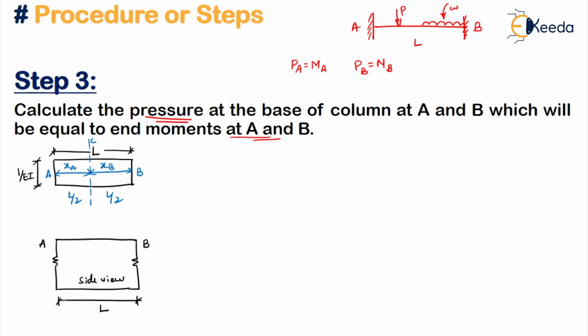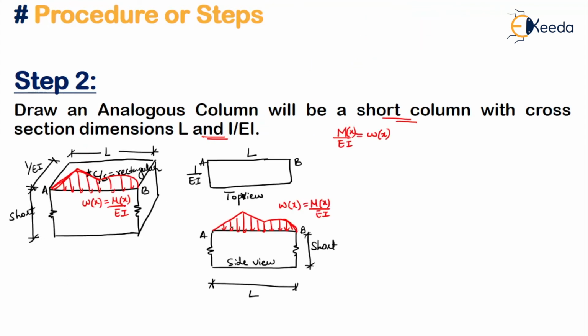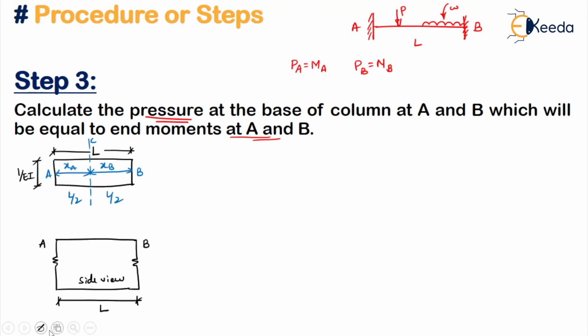If you observe, previously on the side view we have WX which is equal to MX by EI diagram. So this we have to convert, this is very important, into an equivalent force F and an equivalent moment called M dash.